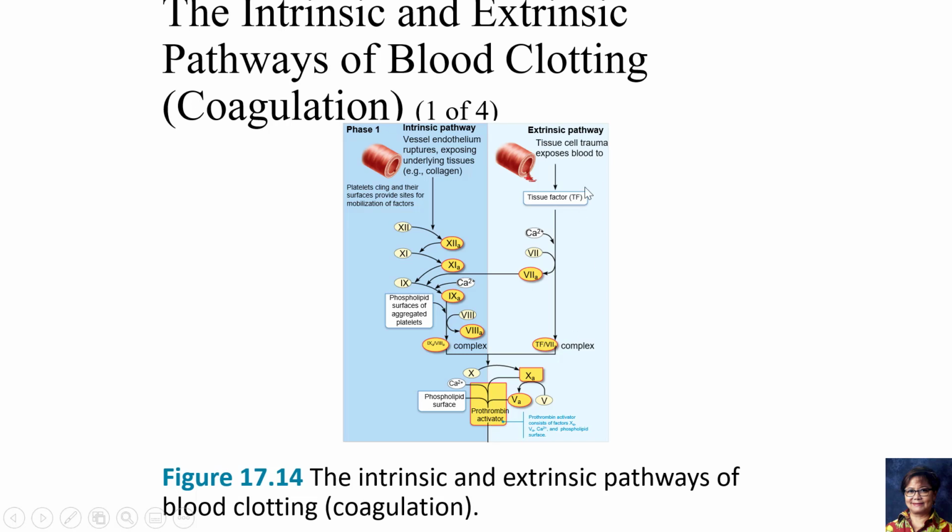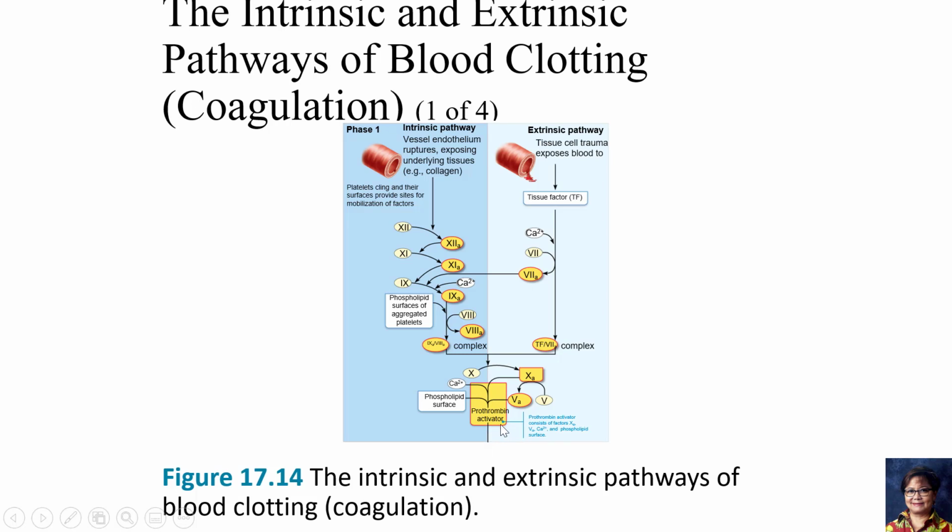And right down here, the extrinsic pathway is less intricate, but there's still a pathway, and the end effect is also the formation of prothrombin activator. So between the extrinsic and the intrinsic, there's a series of biochemical processes that have one particular end effect, the prothrombin activator.